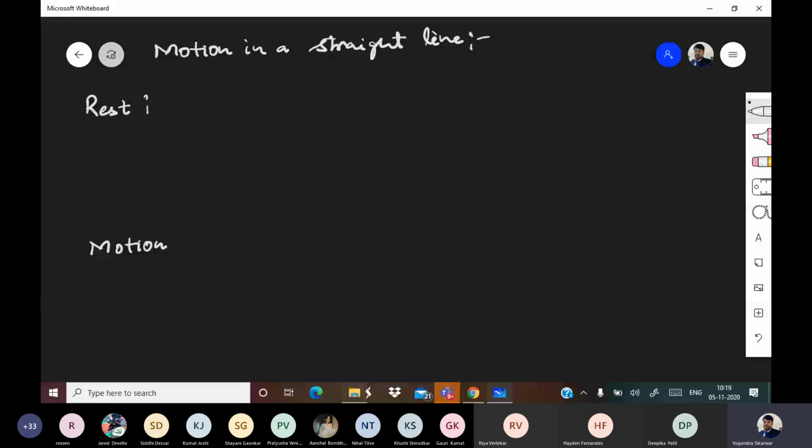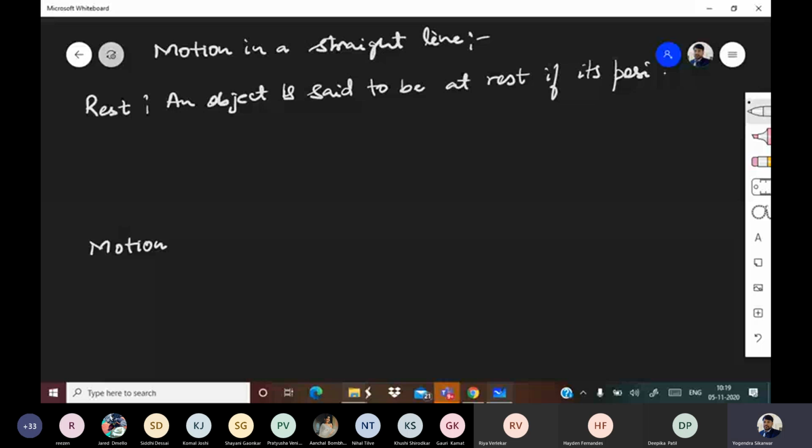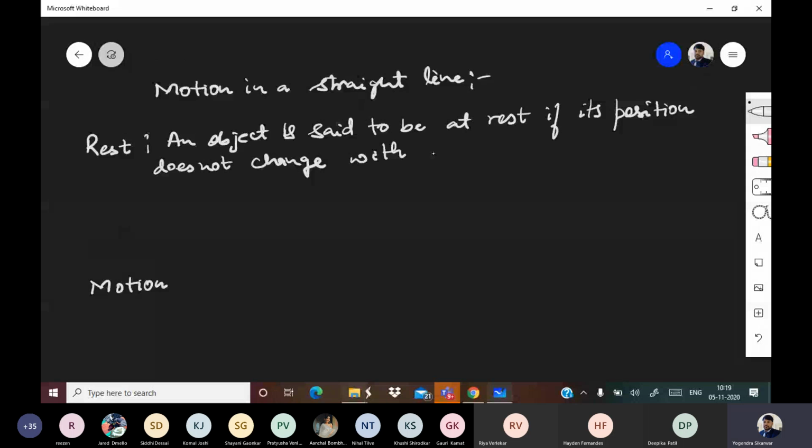An object is said to be at rest if its position does not change with time with respect to a frame of reference.